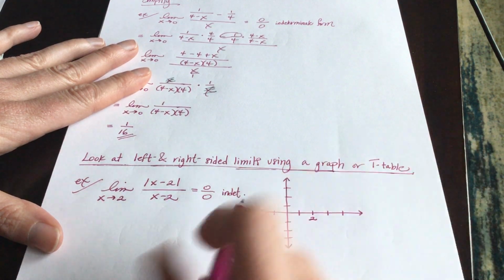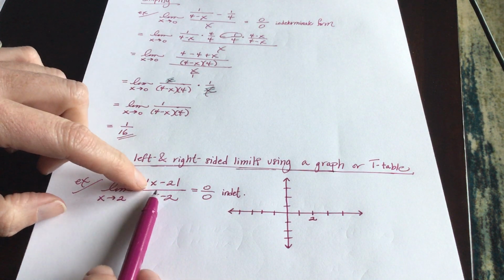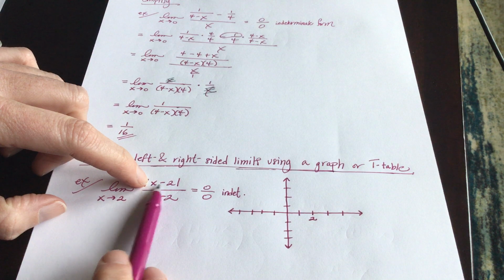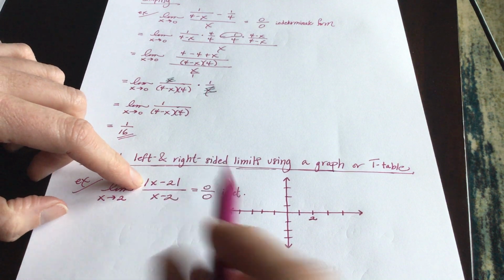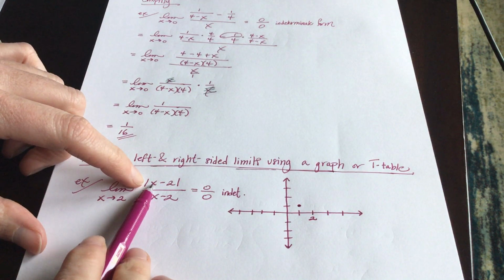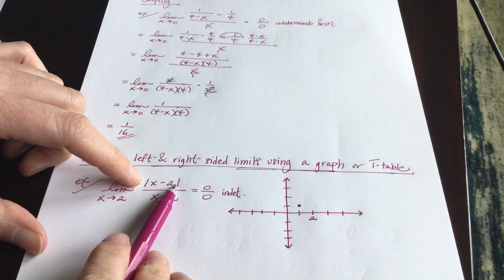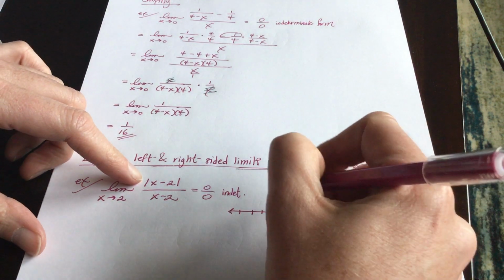The number in question is 2. So let's plug in some numbers and see what happens. If I plug in 1 for x, I'd get 1 minus 2, which is negative 1. Absolute value that, you get positive 1. If I plug in 0 for x, I'd get 0 minus 2, which is negative 2, but the absolute value makes it positive 2, and then it's divided by negative 2.